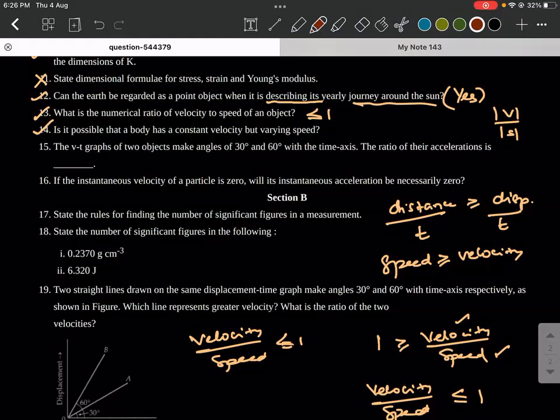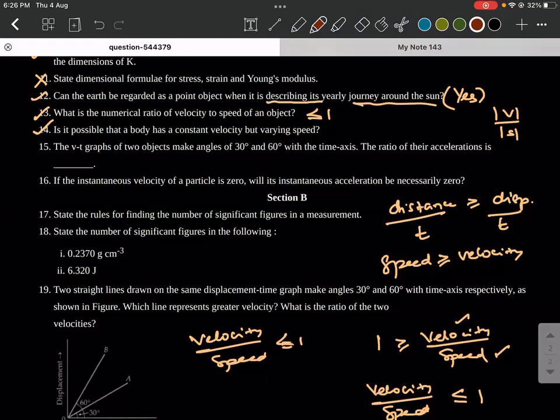Direction can change. Speed of the object is constant, but velocity can change. Example, uniform circular motion. So let's say they are revolving in a uniform circular motion. What I mean by uniform is, if you calculate the speed at every point, it will be the same.